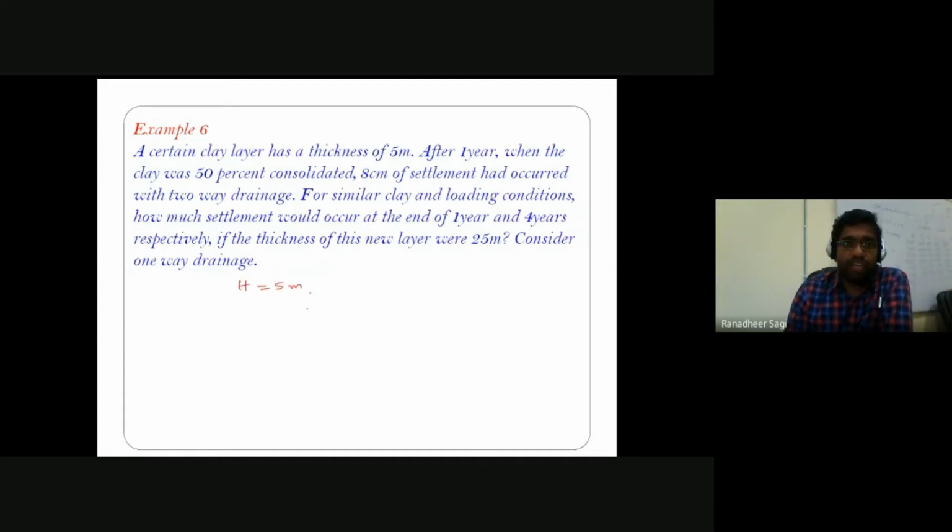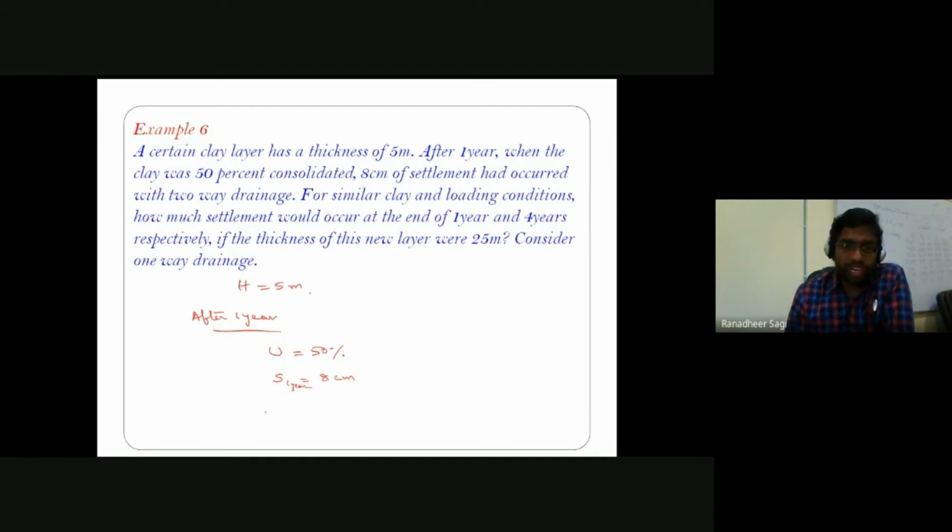After 1 year, when the clay was 50% consolidated, I am referring to the degree of consolidation achieved in that soil being 50%. For that 50% consolidation, the settlement in that soil is equal to 8 centimeters. So settlement after 1 year in that soil is 8 centimeters.